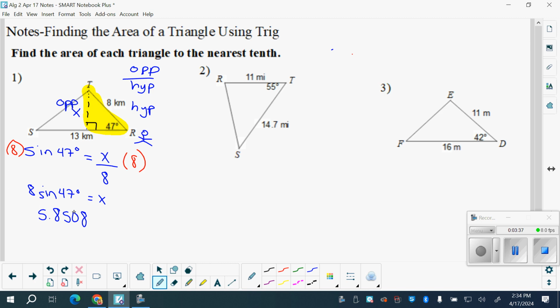So now when we're finding our area, what's the formula for the area of a triangle? 1/2 base times height. So our base is what in the triangle? It's 13. And we found the height to be 5.8508.